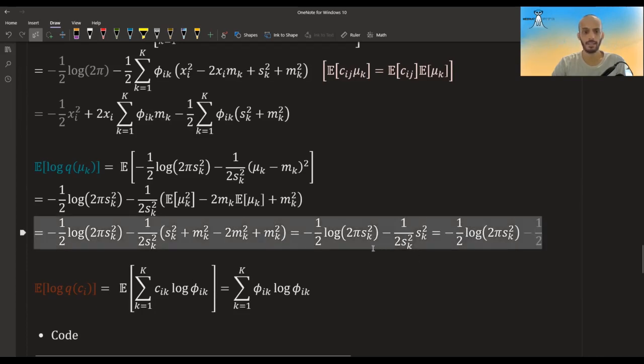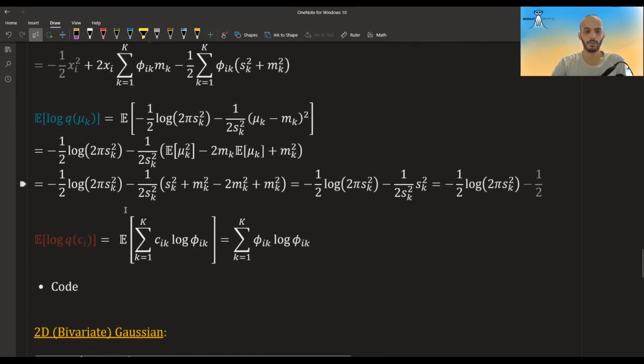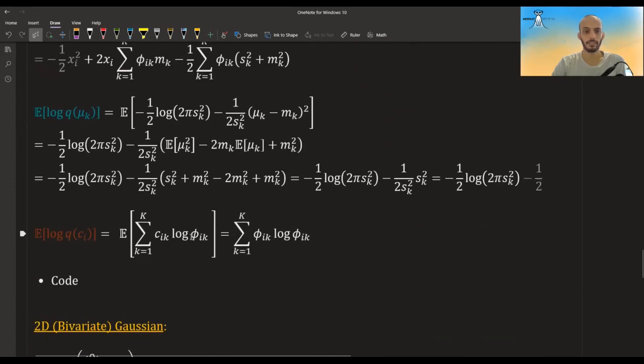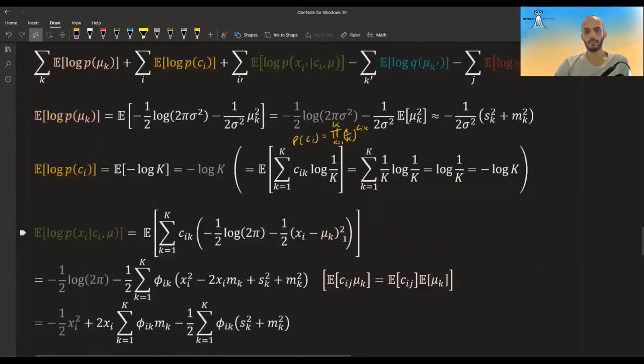So this goes away. And for the final term here, we can write this down as a product of phi_ik over c_ik on each k. Using the log, we get this expression, and then taking the expectation, we get this expression. These are the whole terms, and we add them together and we get the ELBO.